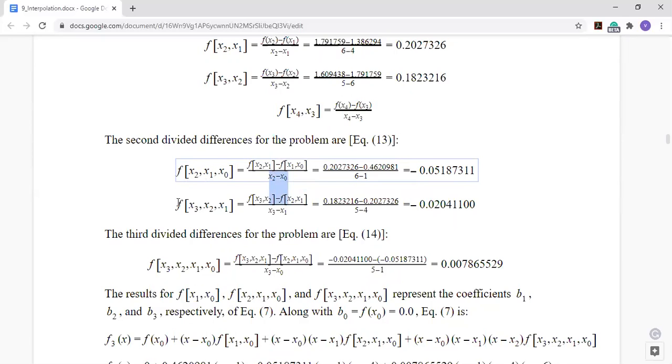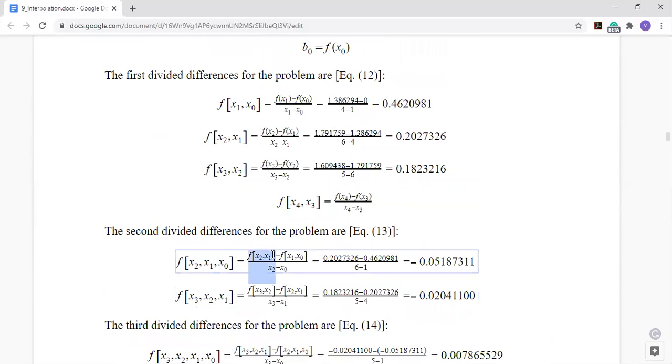And the formula to calculate f of x3, x2, x1 is simply f of x3, x2 minus f of x2, x1, then divided by x3 minus x1. So we already know this highlighted f of x2, x1. We got it here, so this is the value. Then f of x1, x0 is this value we got here. Then f of x3, x2 is this value we got here.